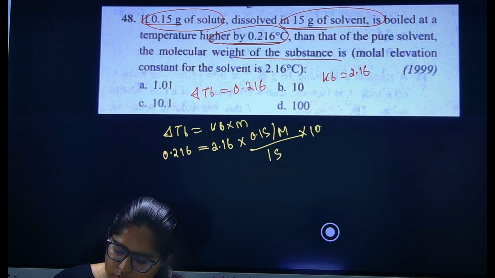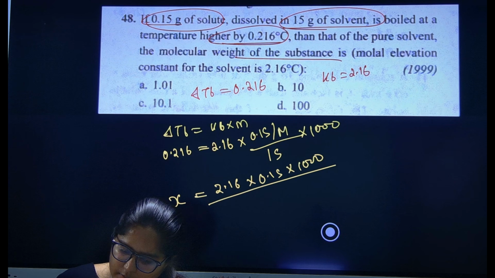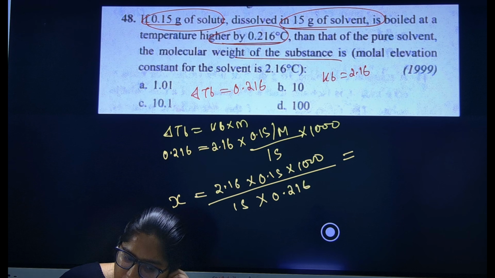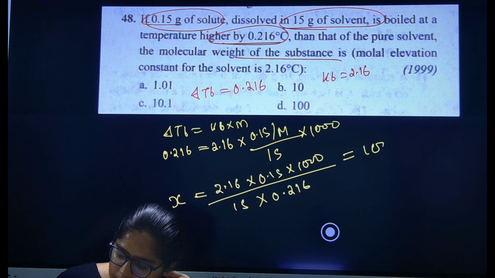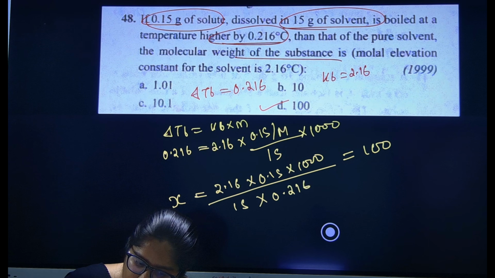15 into 1000. So from here x will be equal to 2.16 into 0.15 into 1000, and in kilo we will have 15 into 0.216, right? Now from here, after calculating we will get 100. So what is the answer? Option number D is the right answer.